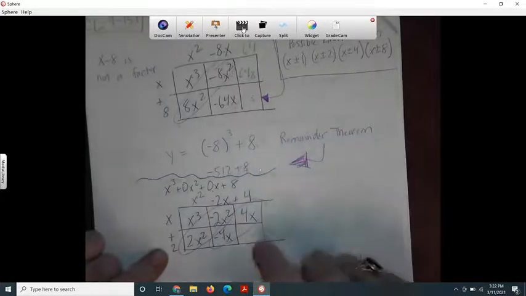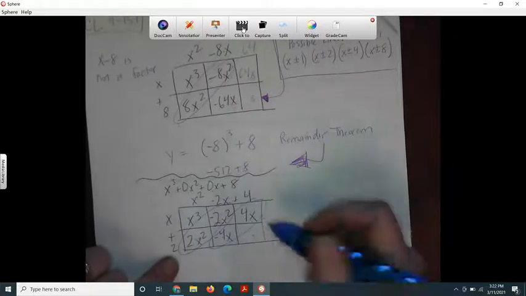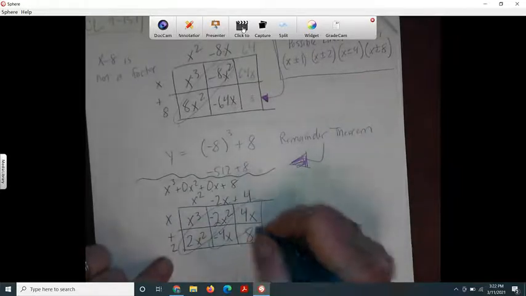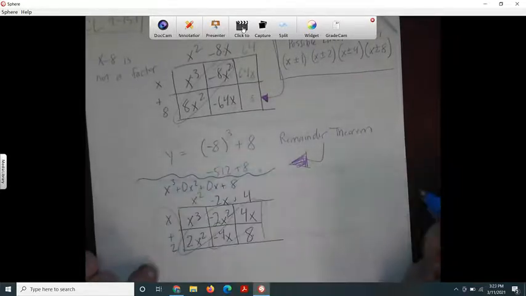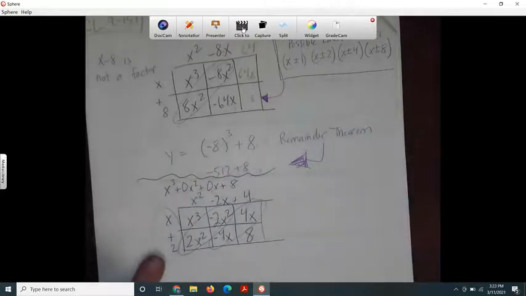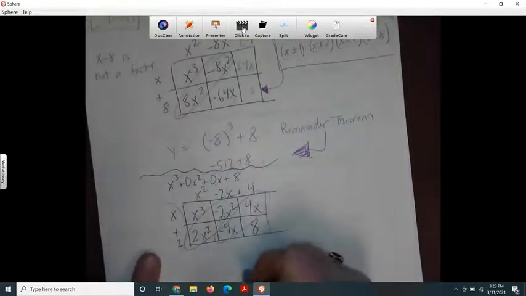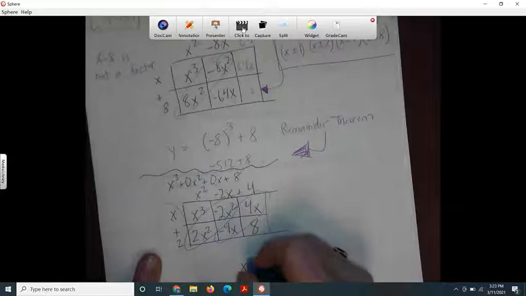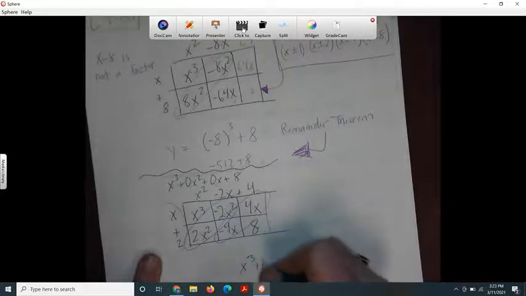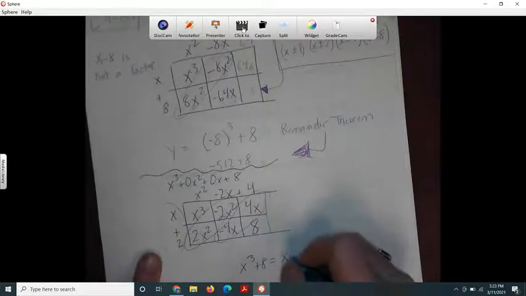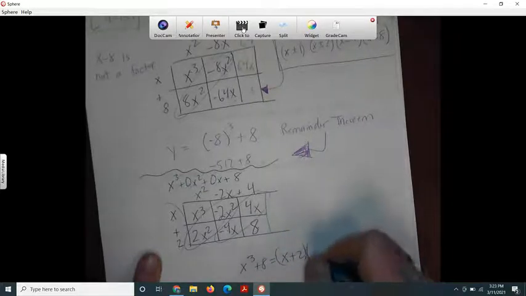So actually, if I wanted to write it out, I could say x cubed plus 8 is equal to x plus 2 times, like that. But I'm just going to say, yes, x plus 2 is a factor.